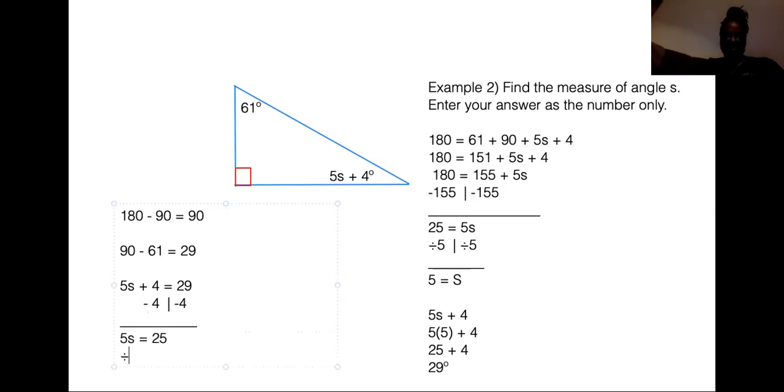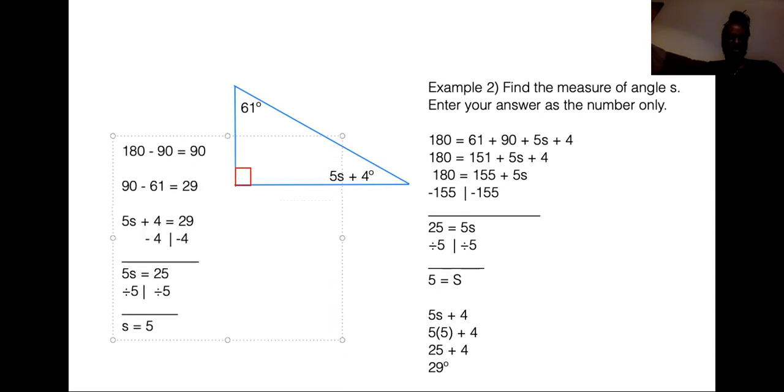And then, of course, I'm still going to divide by 5 on both sides. And then we still know that s equals 5. I know that some of you can't see that, so I'm going to move it up. So basically, these are the two ways that you can go about coming to those answers.